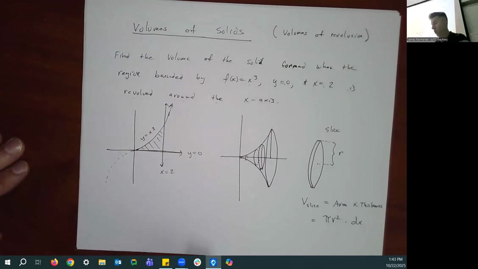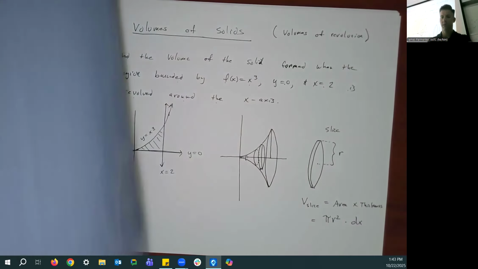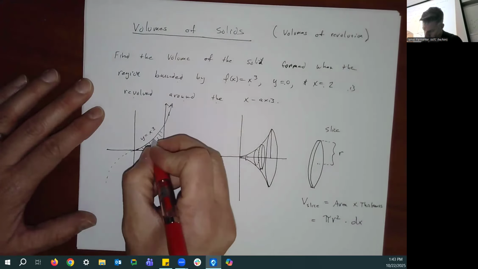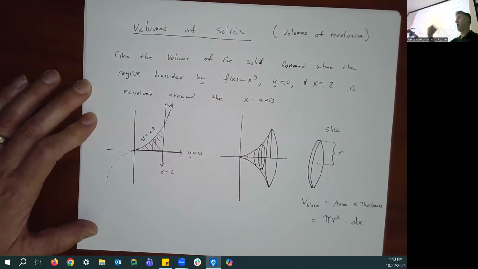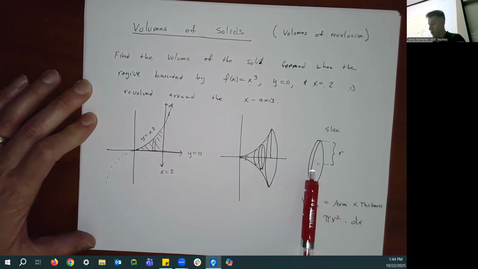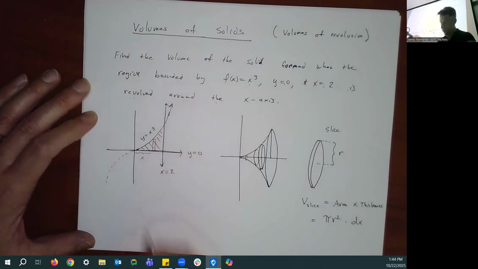So what's the radius of our circle? Well, it depends on what point we pick. So let's use a different color here. If we drew our little rectangle that gets revolved around the axis to form a disk like this, then we're going to think of this rectangle as being x away from the origin.